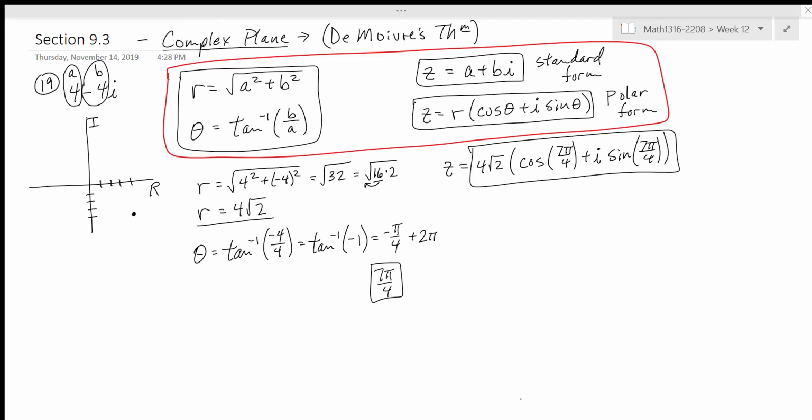Oh, I'm sorry, before you actually start typing that, you need to be in complex mode. So you need to hit mode 2 and then start typing. You're going to have to be in complex mode so that you can type the I in there. So that's mode 2. And then how do you get the I? It's the ENG button. If you just hit the ENG, that gives you an I.